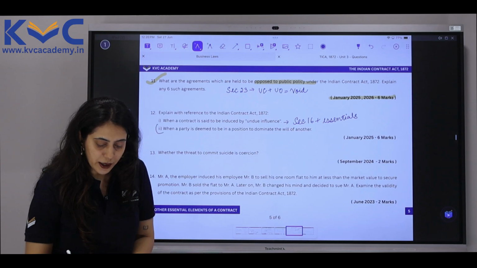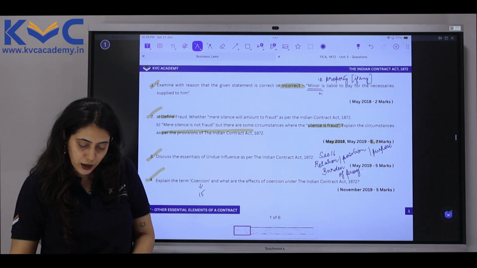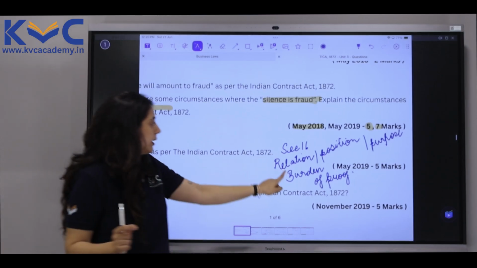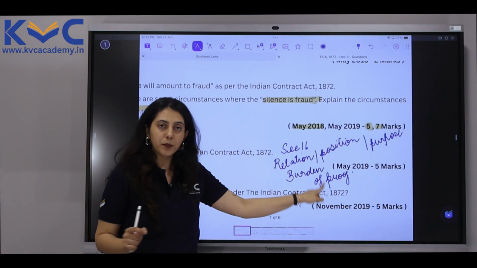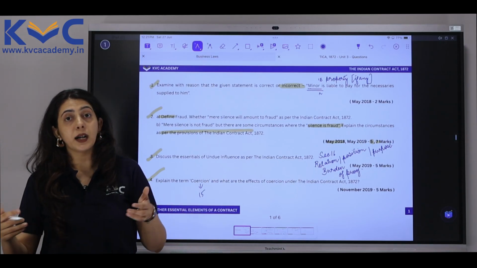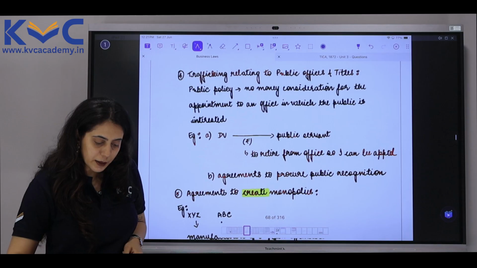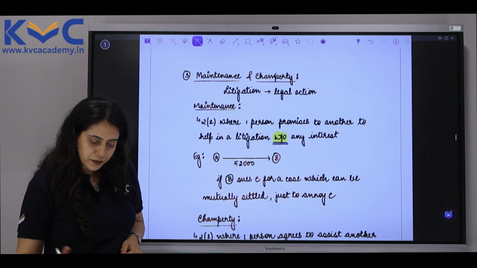This is not something we had seen in detail. The second point, yes, we had spoken about it. See the first page, we had said relation, we had said position, purpose, burden of proof. But under position, there are a few cases where a party is deemed to be in a position to dominate the will of the other. Let me show you the notes.